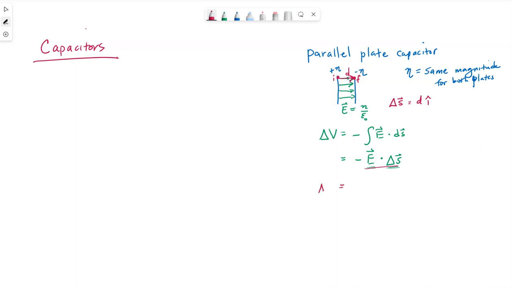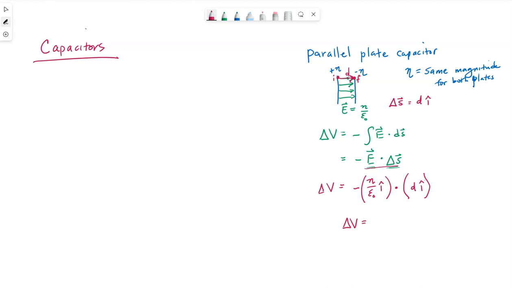So coming down, I'm going to put in E. The magnitude is eta over epsilon naught. The direction in my picture, this specific example, is in the x direction. We're dotting this with that distance d, the distance between the plates, which is also in the x direction, according to how I chose initial and final.